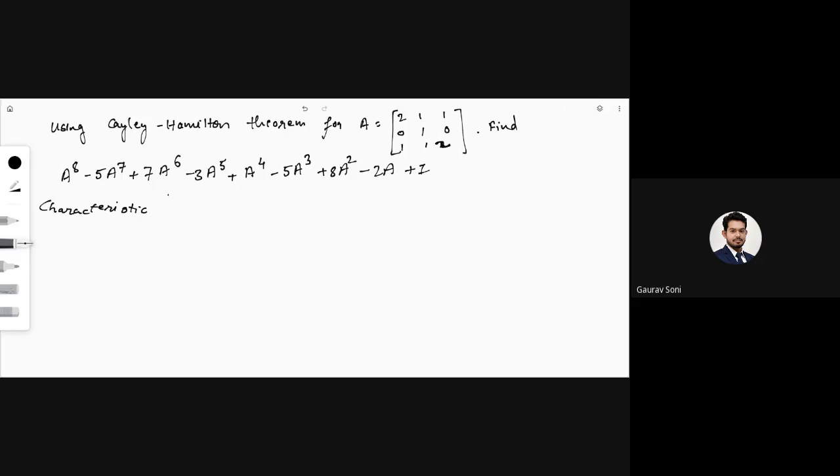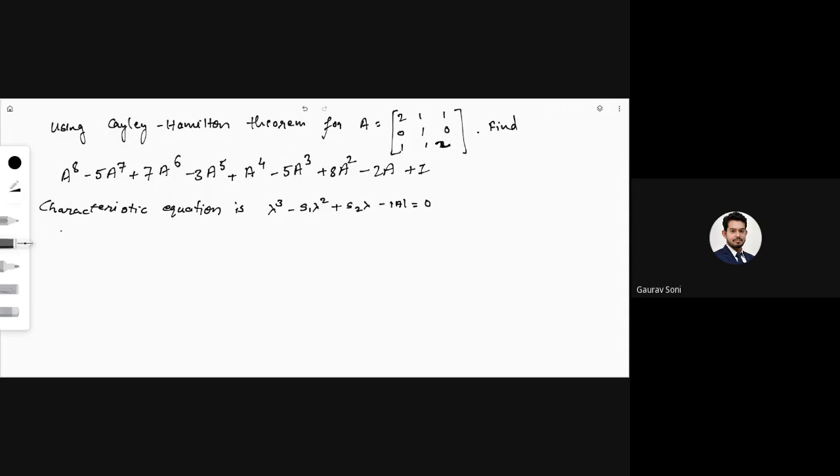So the characteristic equation is: lambda cube, for a 3 by 3 matrix, minus S1 lambda square plus S2 lambda minus determinant of A is equal to 0.